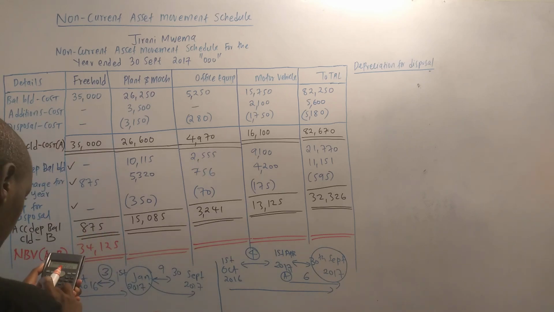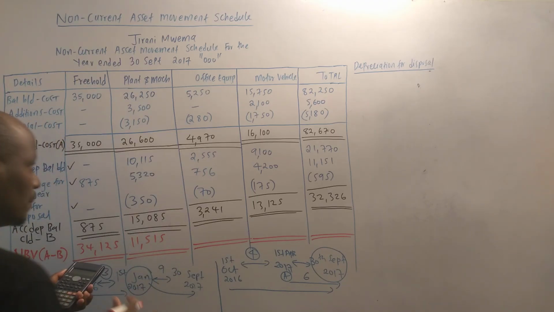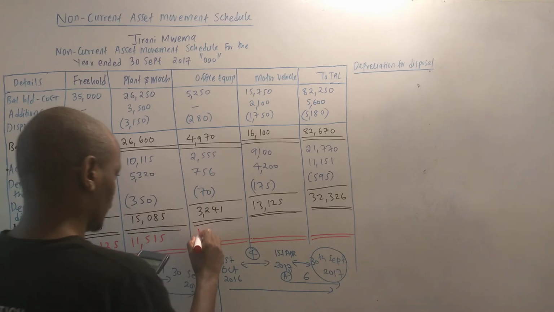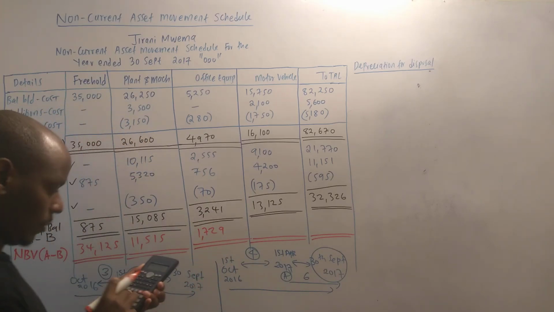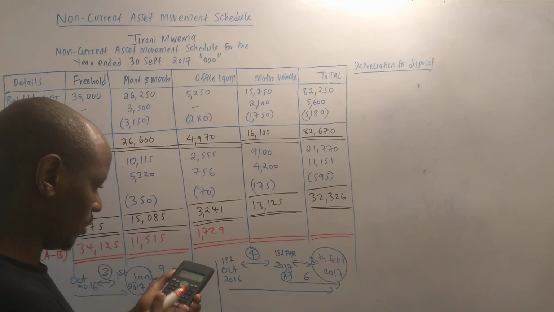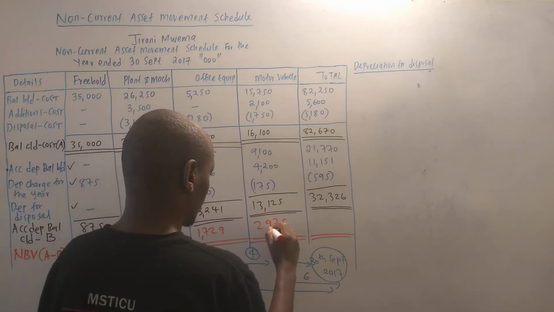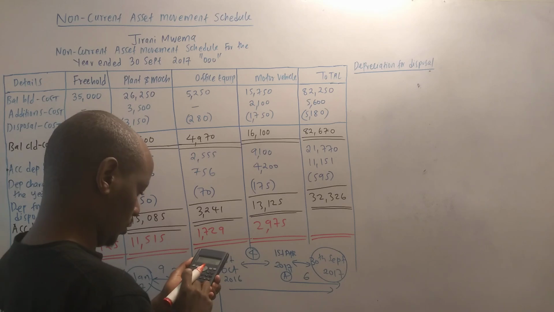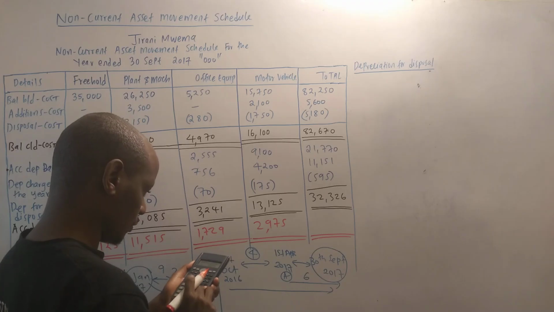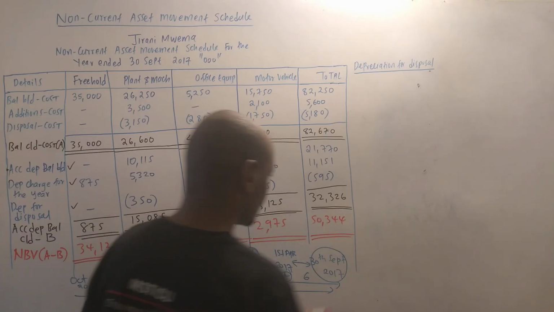26,600 minus 15,085 is 11,515. Then 4,970 minus 3,241 is 1,729. Then 16,100 minus 13,125 is 2,975. Then 82,670 minus 32,326 will be 50,344.